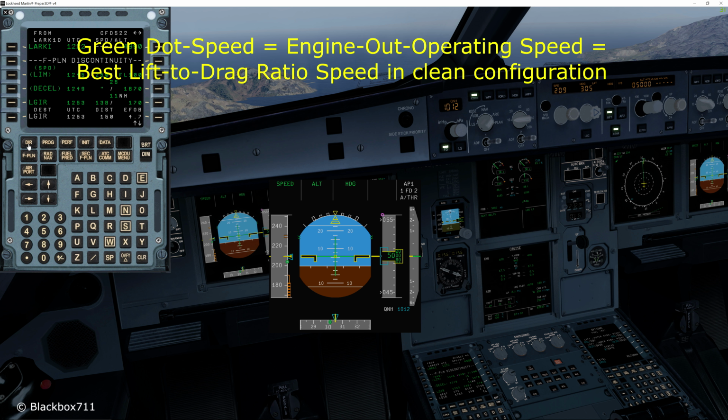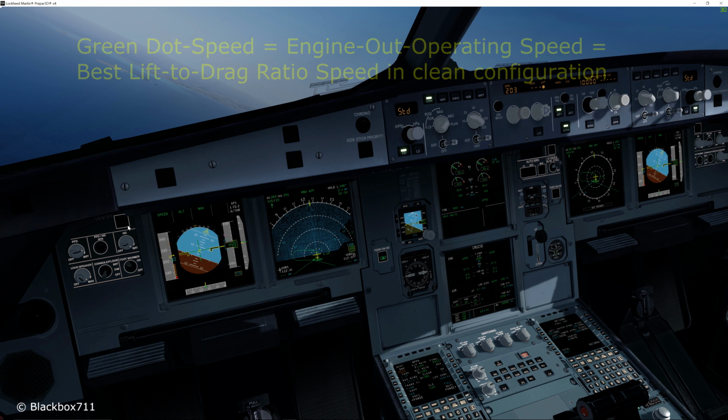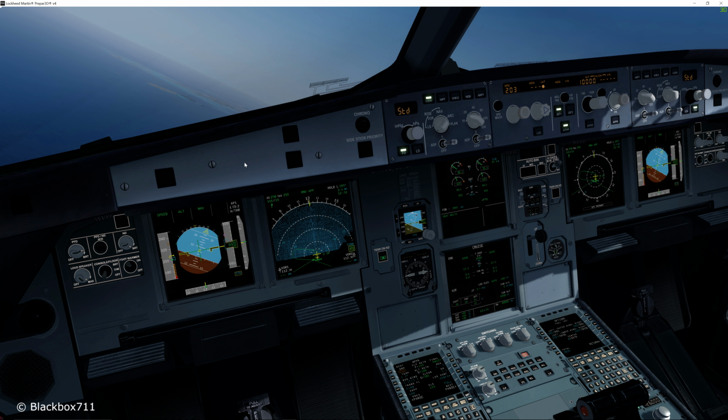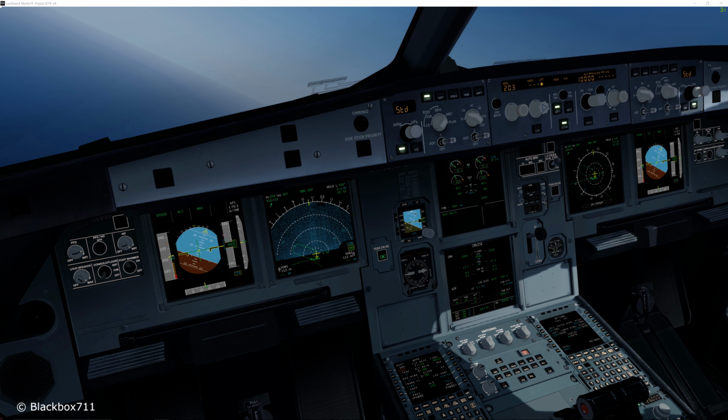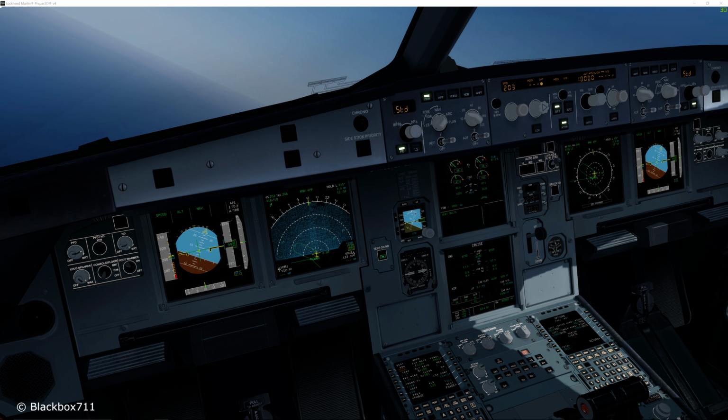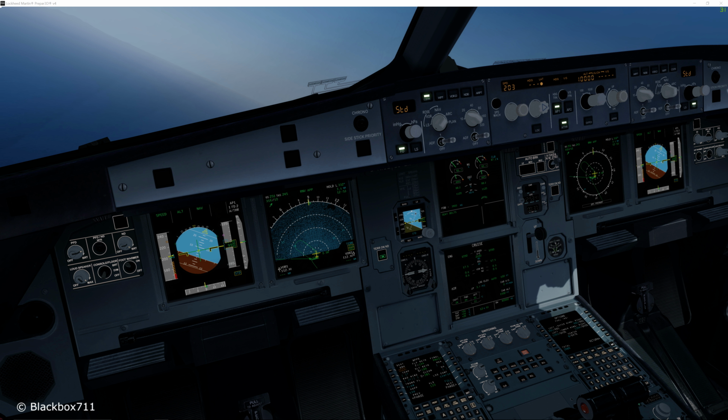And so in case of an engine failure, you would try to fly the green dot speed. The same principle applies for holding patterns. Obviously, the green dot speed will mean that the fuel burn is the least, and hence when flying holding patterns, always aim for the green dot speed.